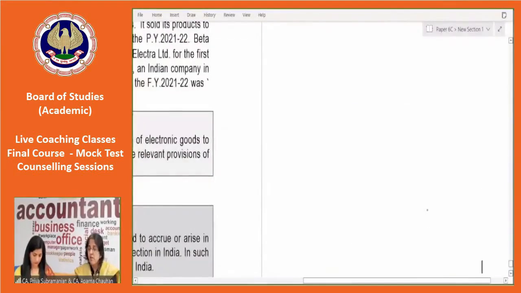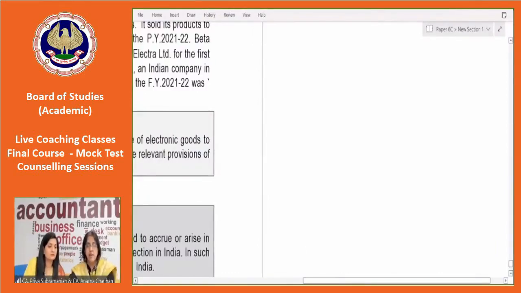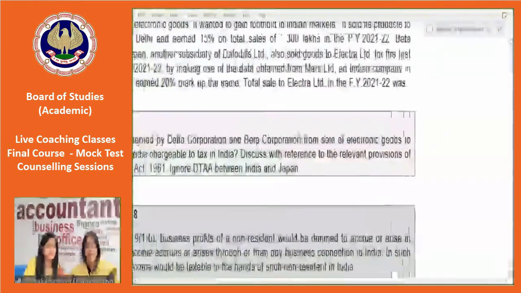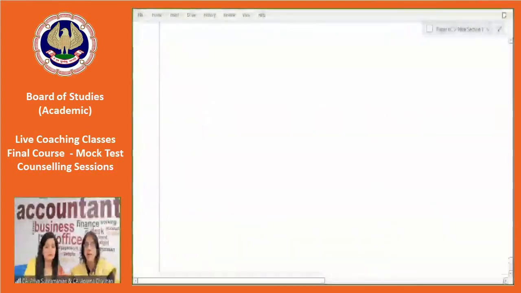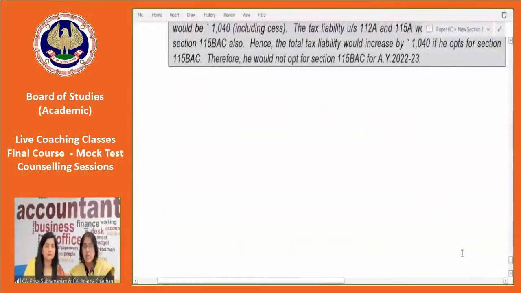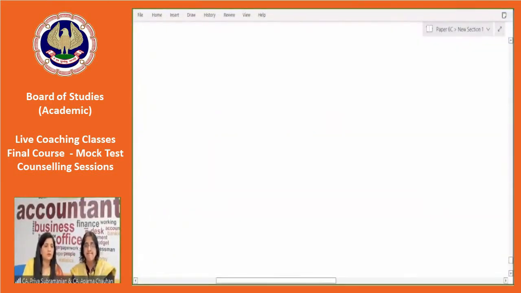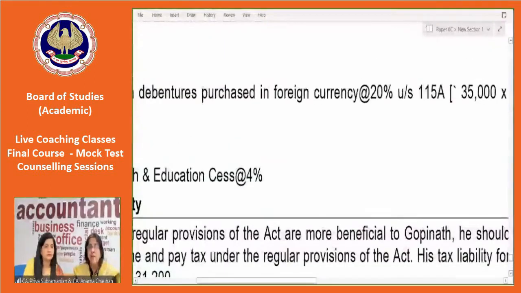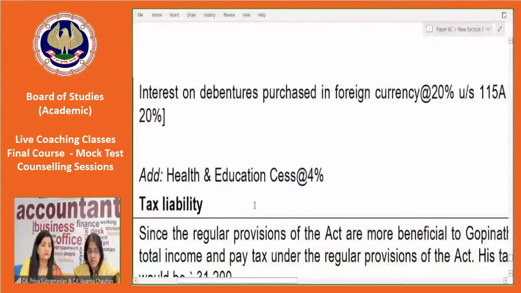Also state, just see that. Sorry. Should we reduce the size? No, just.